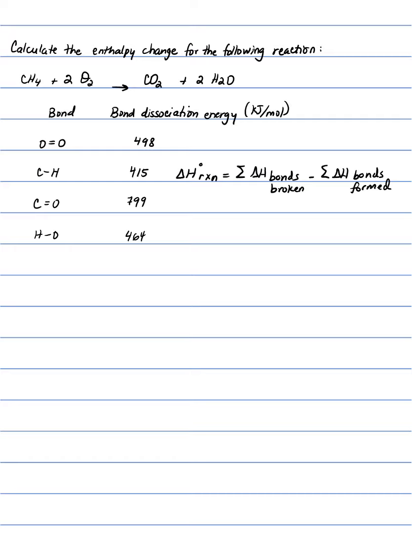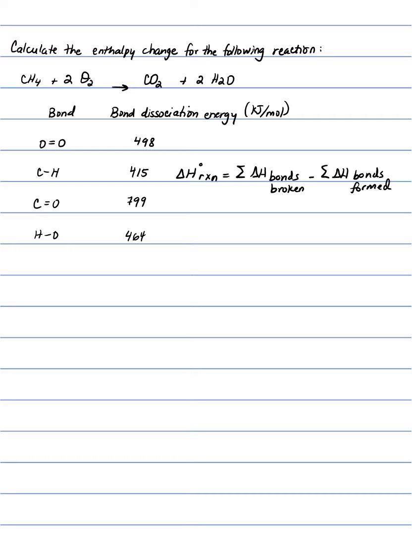So that's the equation that we're using to find that enthalpy change. And that enthalpy change will be a standard enthalpy change because we're using standard values given in that table right there. So I'm going to do something else with my equation before I move to the next step.